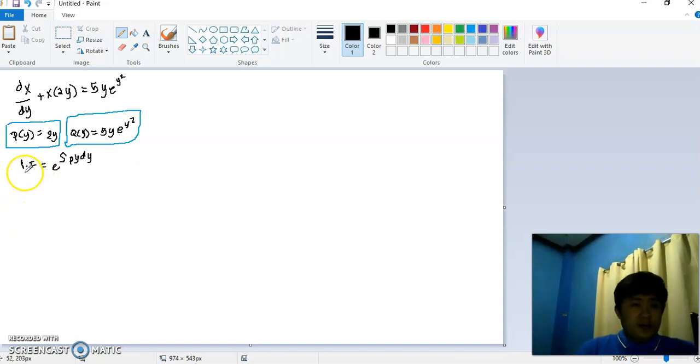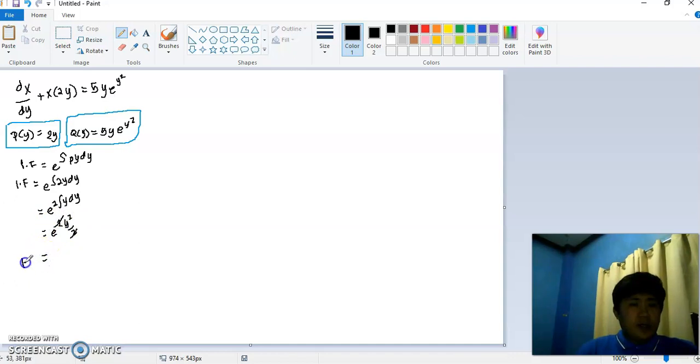So the integrating factor is equivalent to e raised to the power of the integral of p of y, which is 2y dy. Therefore, you have e raised to the power of 2 times the integral of y dy. The integral of y is y squared over 2, so we could cancel this 2 and this one.